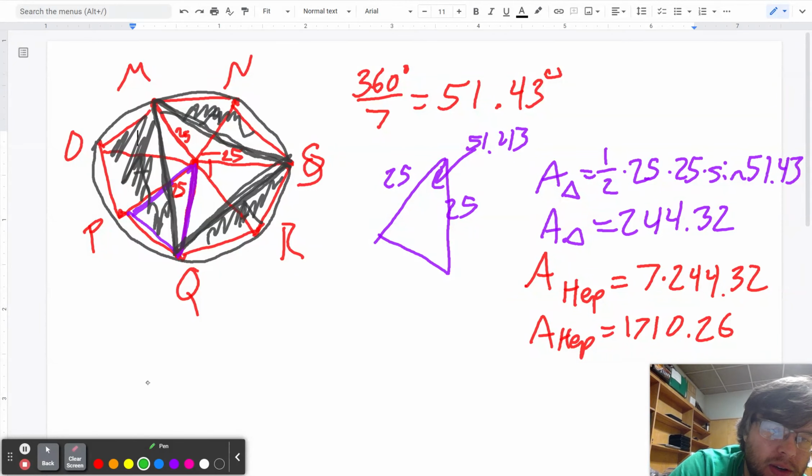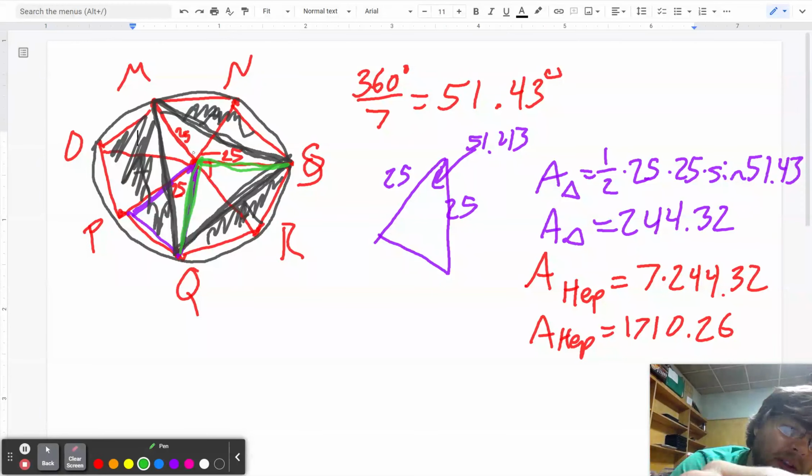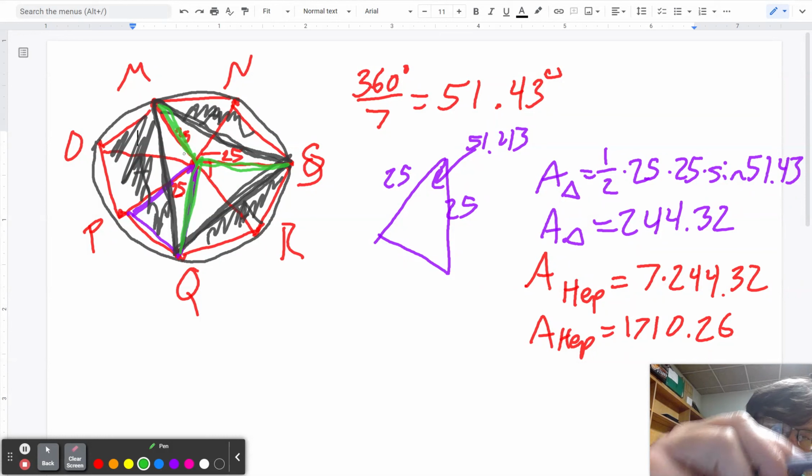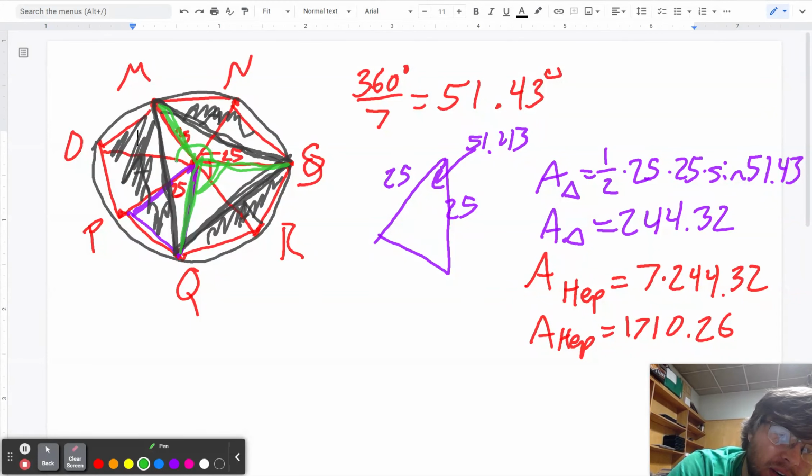But I do know this is 25. I know that this is 25. And I know that this is 25. And so that makes it into 3 triangles there. And this triangle right here covers 2 sections. This triangle here covers 2 sections. And then this triangle here covers the other 3 sections.